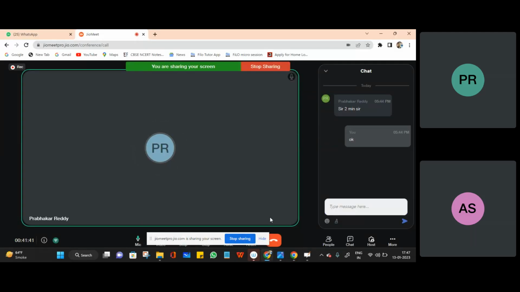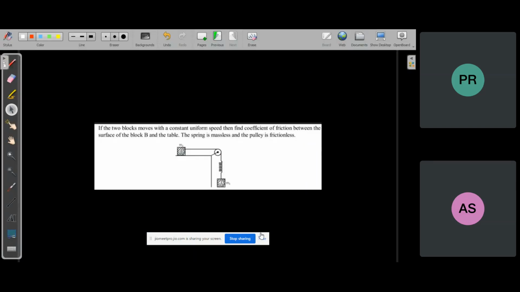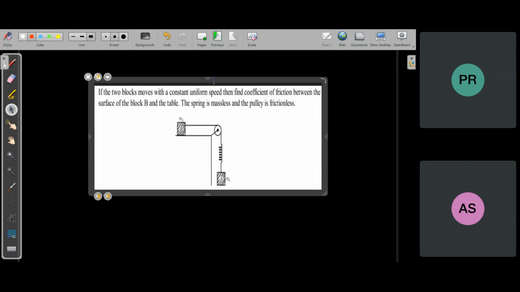How will the body move with zero acceleration? When F cos theta is equal to mu mg. Are you getting? That's why.